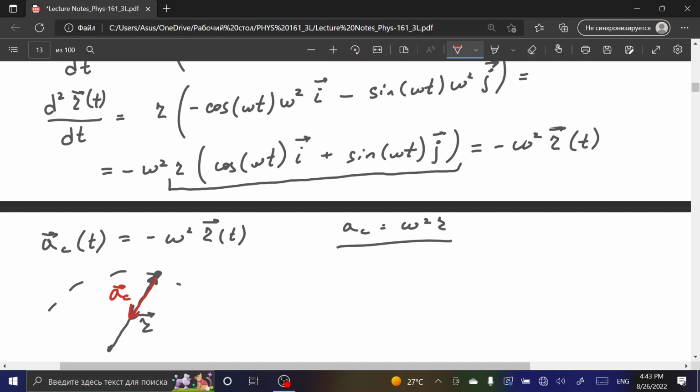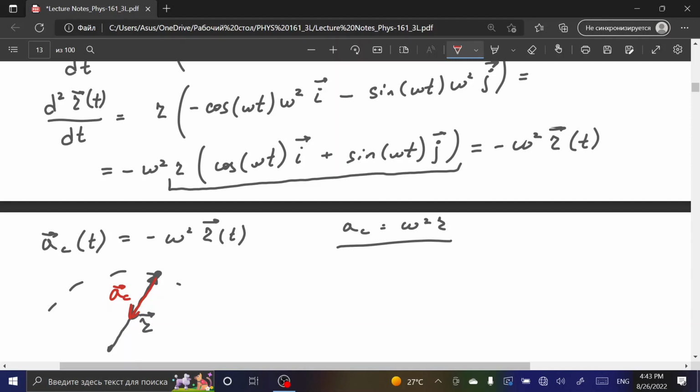So let us summarize our discussion for today. We had a chance to introduce the concept of uniform circular motion, which means that we have uniform or constant linear velocity. It doesn't change over time in terms of its magnitude.